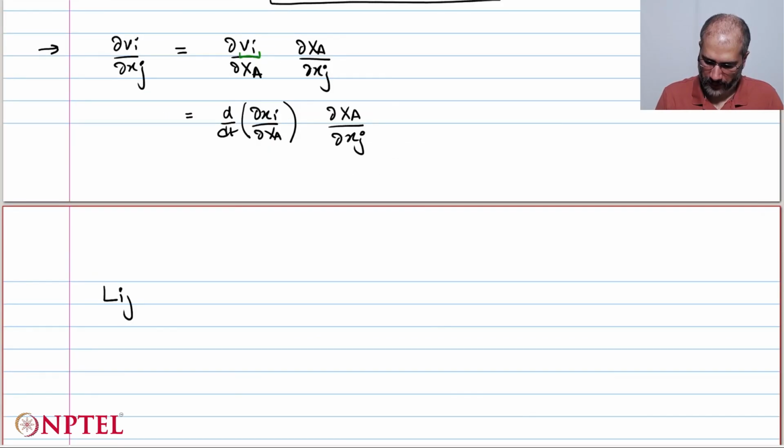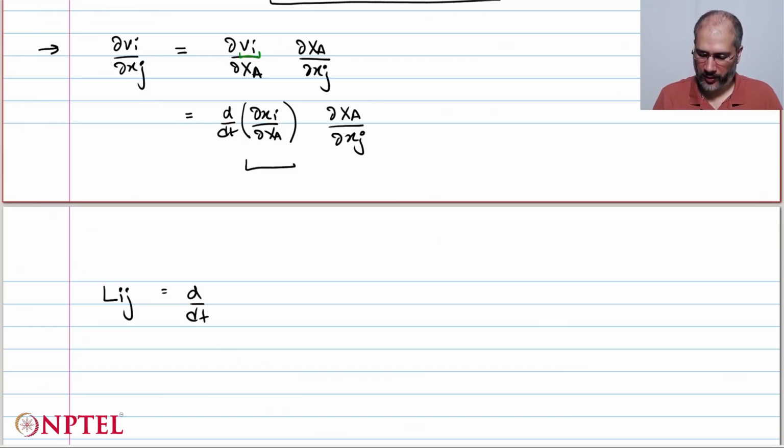So our Lij, that's the spatial velocity gradient tensor, has a d by dt. Now this quantity del small xi by del capital XA is nothing but our deformation gradient tensor F_iA, and this quantity del capital XA upon del small xj is the inverse of F. So that's the Aj component of F inverse.